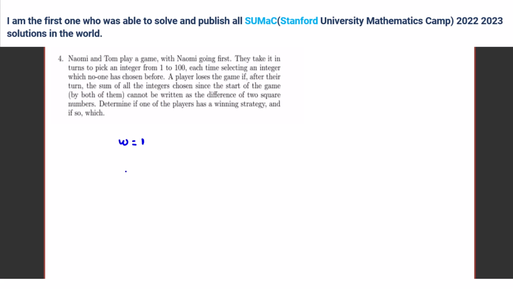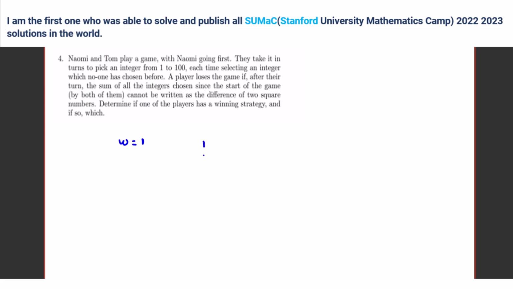Basically, we said that whoever gets a total of 4k plus 2 can't be written as a difference of two squares. Naomi can go first, so she obviously will not pick that. So she can either pick 4k plus 1, or 4k plus 3. We have multiples of 4: 4, 8.